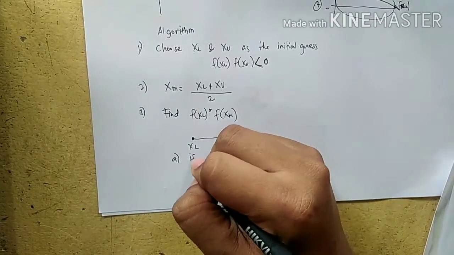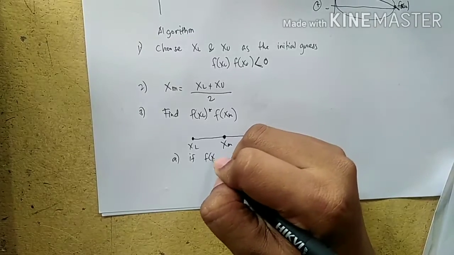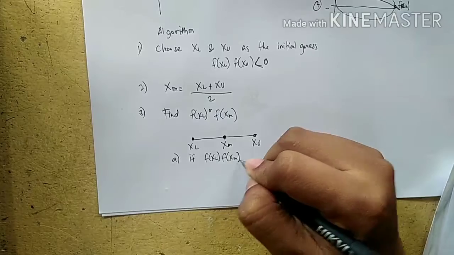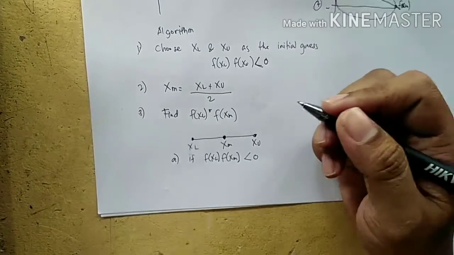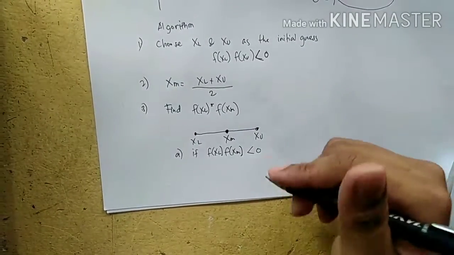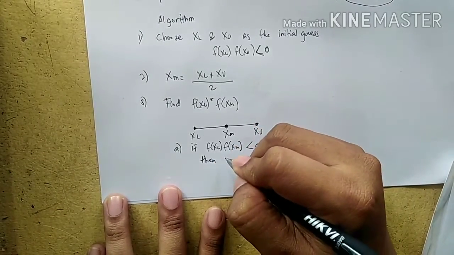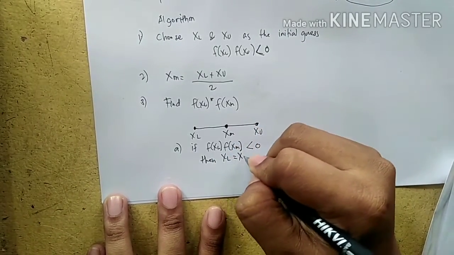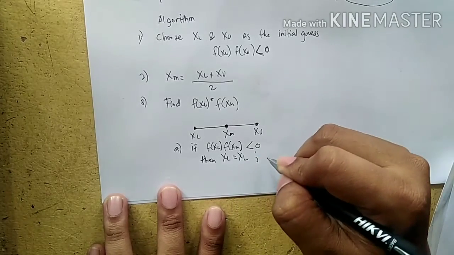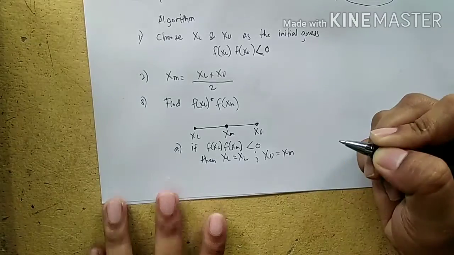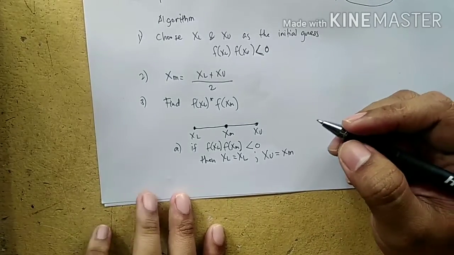Letter A, if f of x sub l times f of x sub m is less than 0, meaning negative, then x sub l is equal to x sub l, and your new x sub u is equal to x sub m.